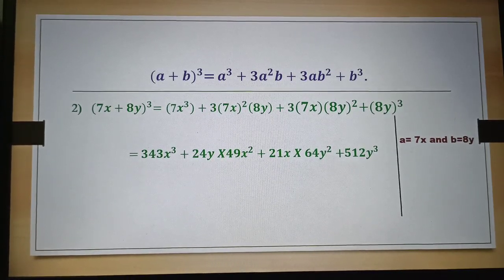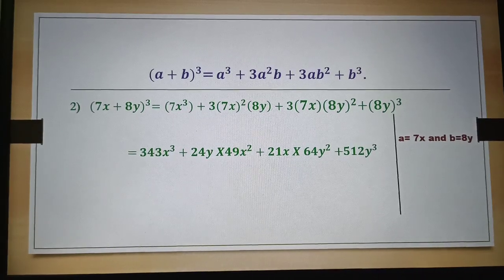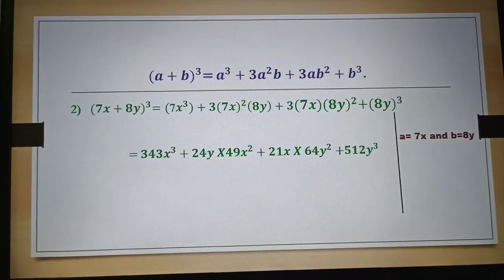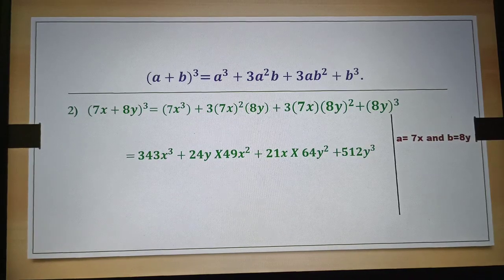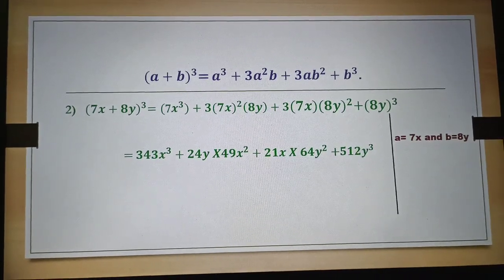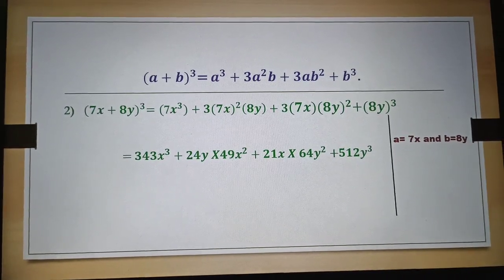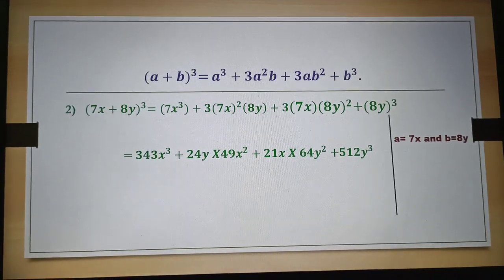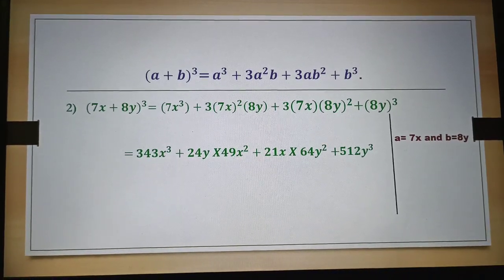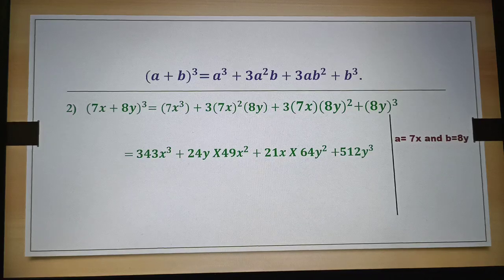Then next one is multiply the number 3 into 7x, that is 21x. Then the last term is 8y the whole cube, which means we have to multiply 8 three times. So 8 into 8 into 8, the answer is 512y cube.